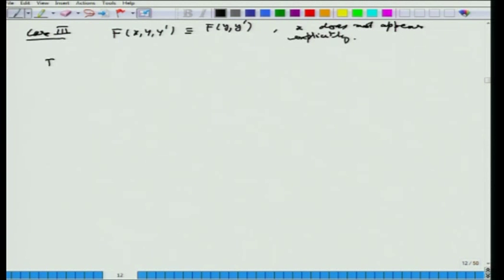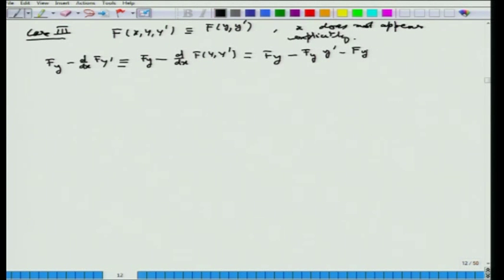So here, f_y minus d by dx of f_y' will be equal to, in this case, f_y minus d by dx of this, which is a function of y and y'.